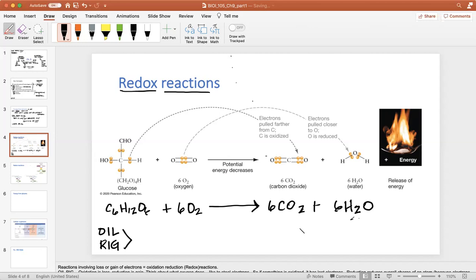And one way to understand, when I said oxidation is loss and reduction is gain, what we're talking about is electrons. So in an oxidation reaction, you're losing electrons, and in a reduction reaction, you're gaining electrons. But electrons rarely travel by themselves. So one way to track what's being oxidized and what's being reduced, I always say, follow the hydrogens.